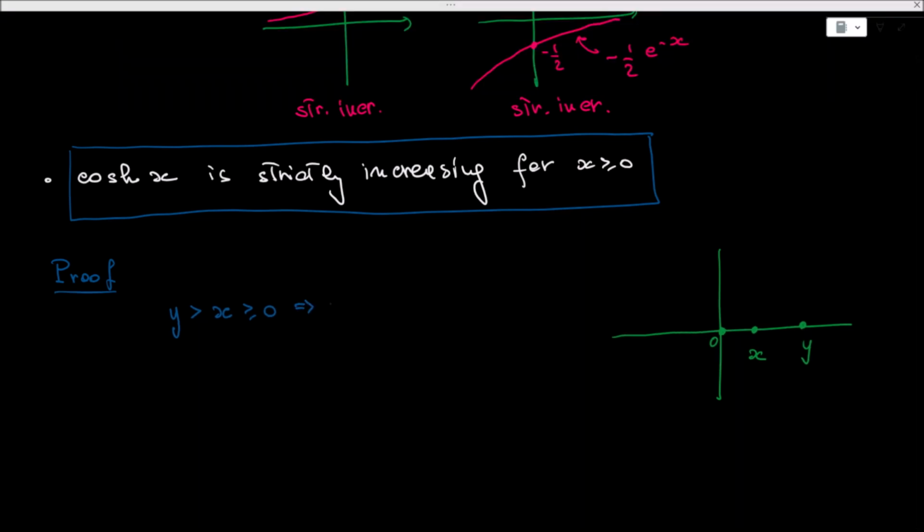that the hyperbolic cosine of y is strictly larger than the hyperbolic cosine of x. So this is what we want to prove.